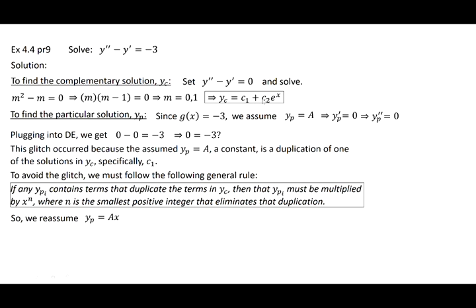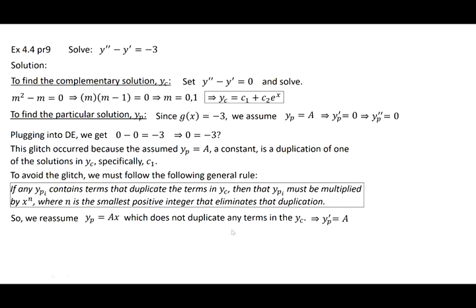Is ax a duplication of C2 e to the x? Nope. That's a completely different kind of function. So the moment we reassume y sub p to be ax, everything is fine and dandy, which does not duplicate any terms in the y sub c.